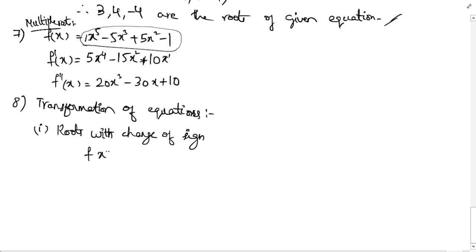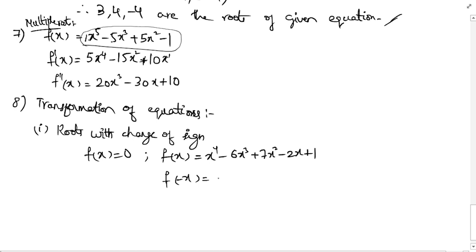If f of x is equal to 0, for example I'll consider f of x is equal to some expression like x power 4 minus 6x cube plus 7x square minus 2x plus 1. Then f of minus x can be written by just inserting minus x in the place of x.